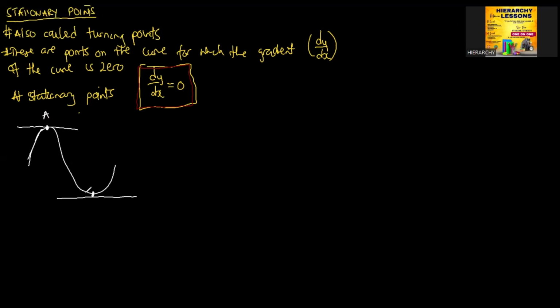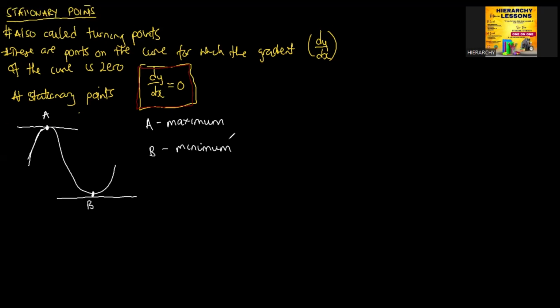Let's say this is point A and this is point B. Point A is a maximum turning point, and point B is a minimum turning point.